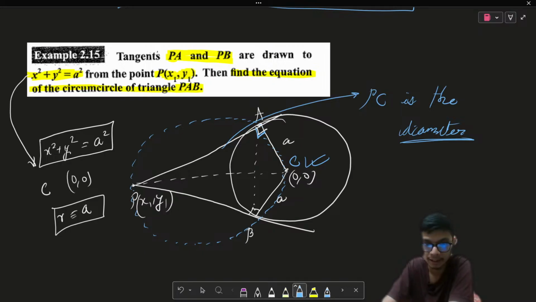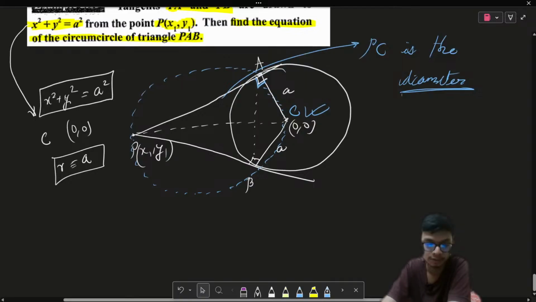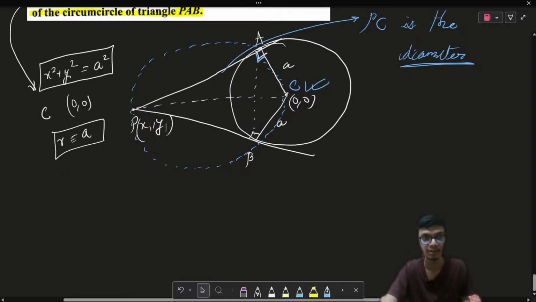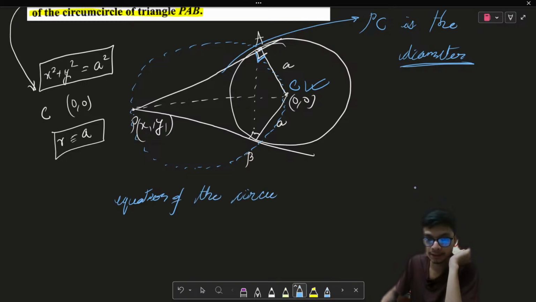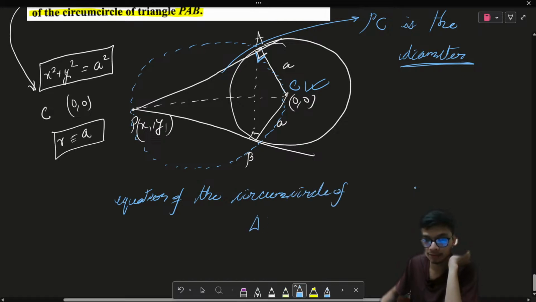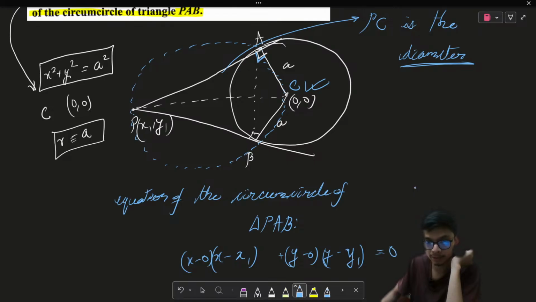If I know the diametrically opposite points of the circle, then I can easily formulate the equation of this circumcircle. So the equation of the circumcircle of this triangle PAB is going to be (x minus x1) into (x minus 0) plus (y minus 0) into (y minus y1) equal to 0.